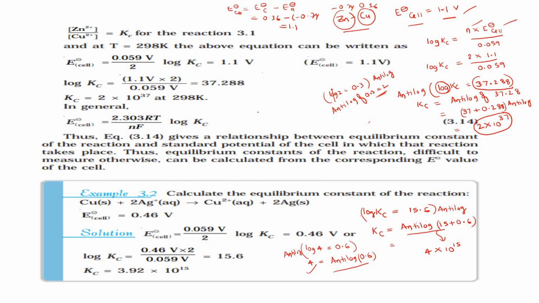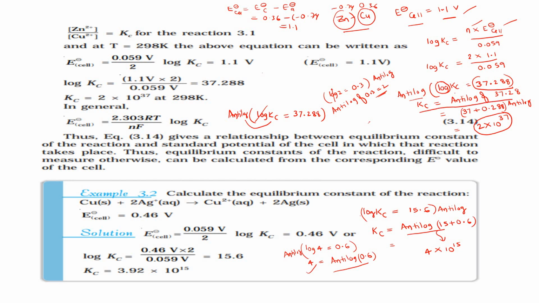I have taken log Kc equal to 37.288. Now take the anti-log to cancel this log. When you take the anti-log, the log gets cancelled. Now Kc equals what here?